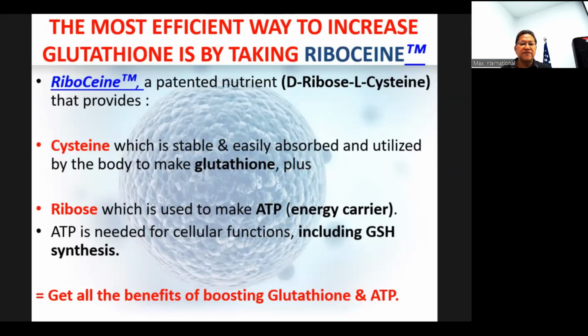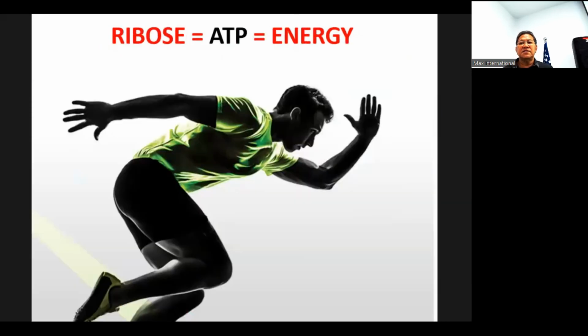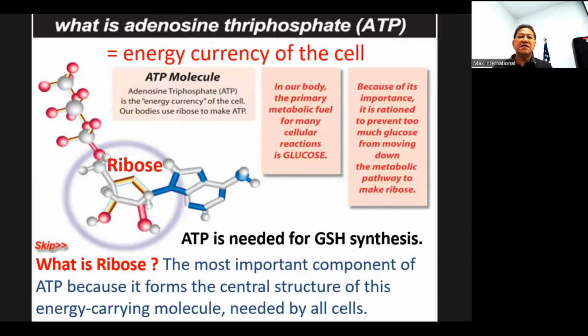Okay, and you get both the benefits of boosting glutathione and ATP, and some of the ATP is used to power the production of glutathione. Okay, a little bit about ATP. Just as cysteine is the central component of glutathione, ribose is the central component of the ATP molecule. So you can see that there is ribose.